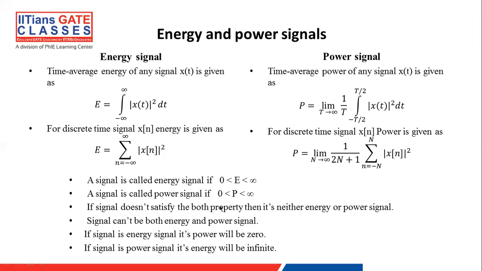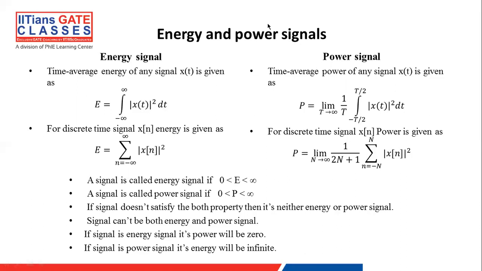Similarly for power, if power is less than infinity but greater than 0, then the signal is a power signal, otherwise it is not a power signal. Any signal which doesn't satisfy these two criteria is neither an energy nor a power signal. Here a signal can either be an energy or a power signal. It can't be both.